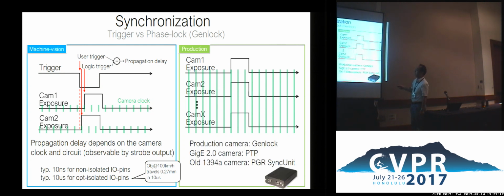And in fact, for production cameras, we can use genlock, for gigabit ethernet cameras, we can use PTP, and for all the cameras in Point Grey, we could use this sync unit. But if you see these comparisons, you may think, okay, this would be better. But the one difference is that if you choose this synchronization, you cannot change the frame rate depending on the capture.